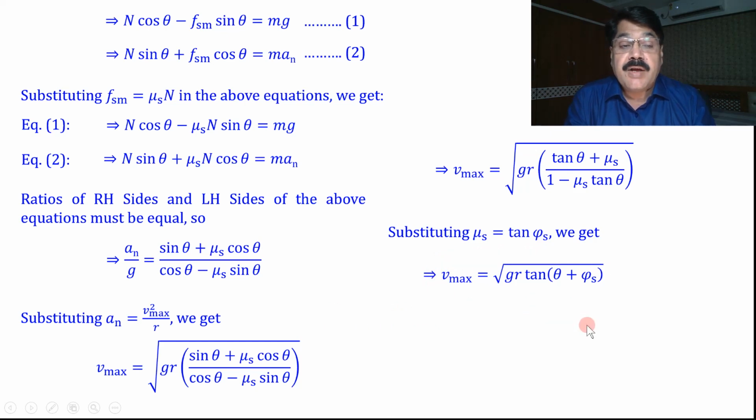Now we have to calculate the minimum speed, and for minimum speed we again use the same logic. For a speed lower than v0, the vehicle has an inward sliding tendency and friction will act outward, and for the least speed this friction will achieve its limiting value.